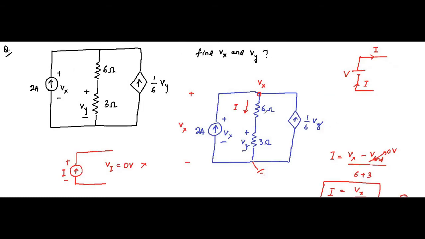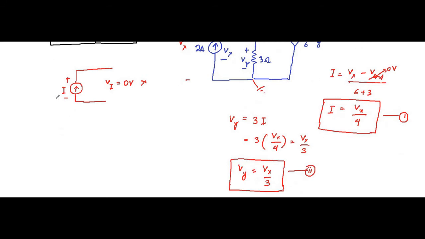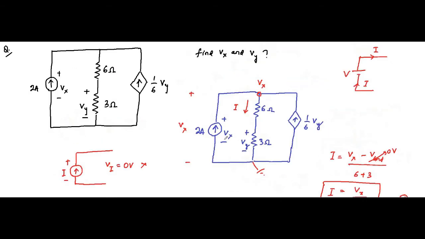Now we can apply KCL, Kirchhoff's current law, at this node Vx. The KCL equation at node Vx can be written as 2 ampere and 1 by 6 Vy, which is Vy by 6, flowing into the node.